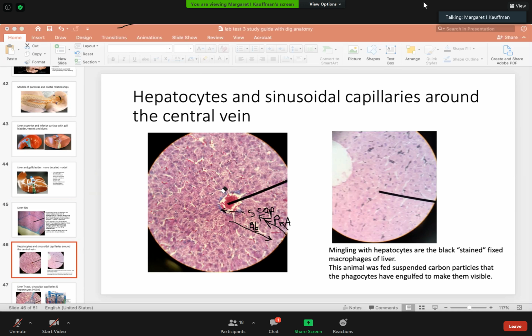And all these cracks are either sinusoidal capillaries or ducts. It'd be kind of hard to tell. So what could I ask on this? Well, these cells that are making it up, the light pink-purply cells, those are called hepatocytes, and they're extremely busy cells.